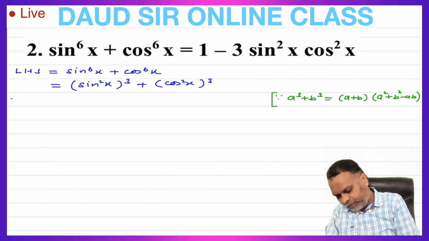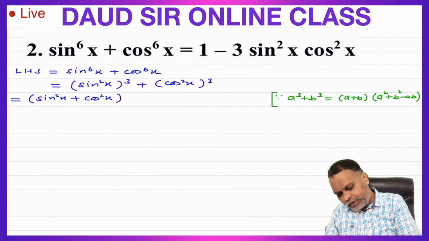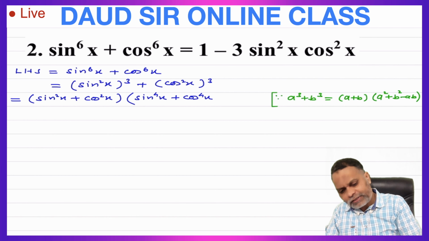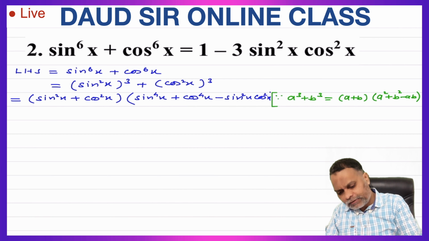So a plus b, a is equal to sin square x plus b is equal to cos square x, into a square, sin raised to the power 4x, plus b square, cos raised to the power 4x, minus ab, minus sin square x into cos square x.